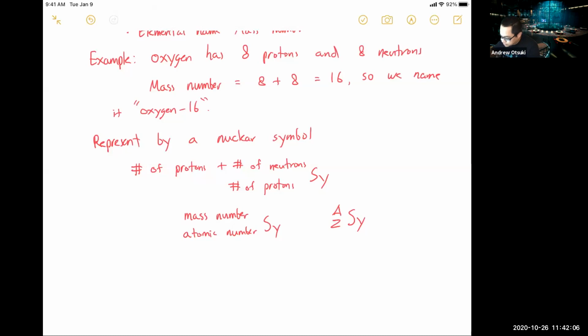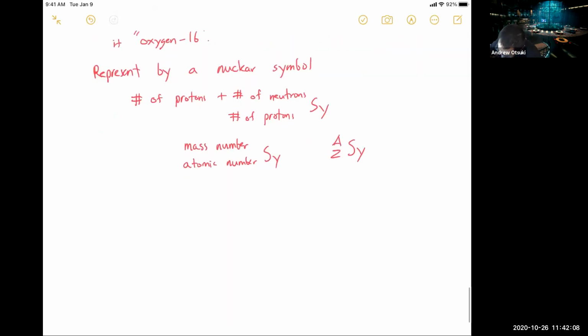Okay, let's try an example here. What are the nuclear symbols for carbon 12 and carbon 13?